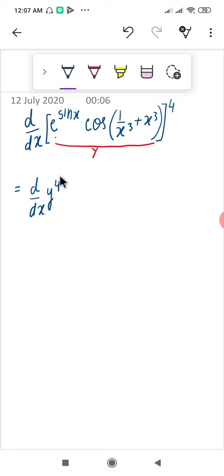Now the function which depends upon y, how will you get its change with the variable x?